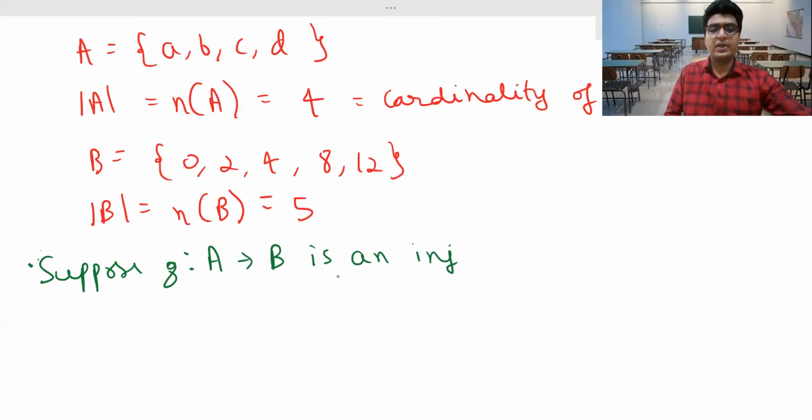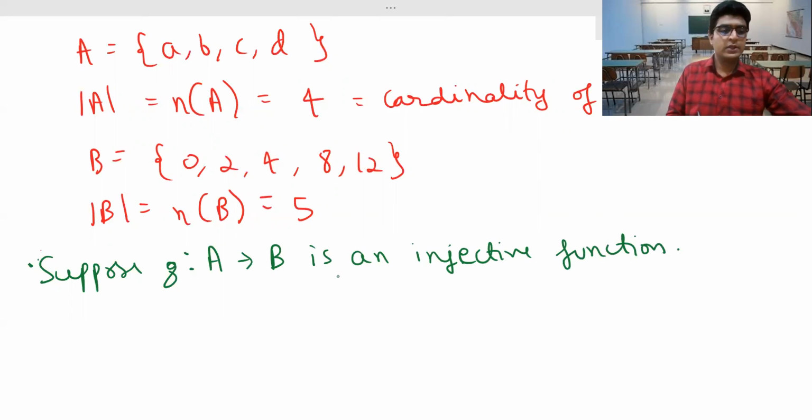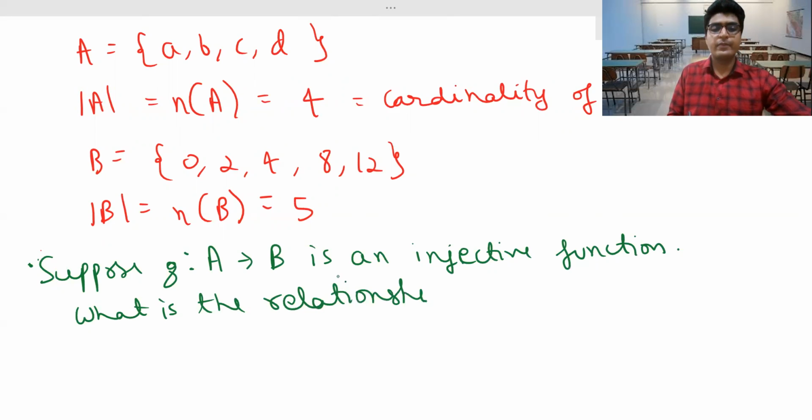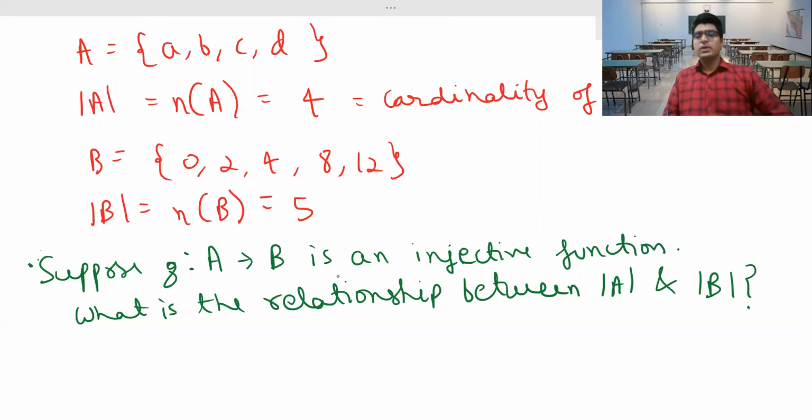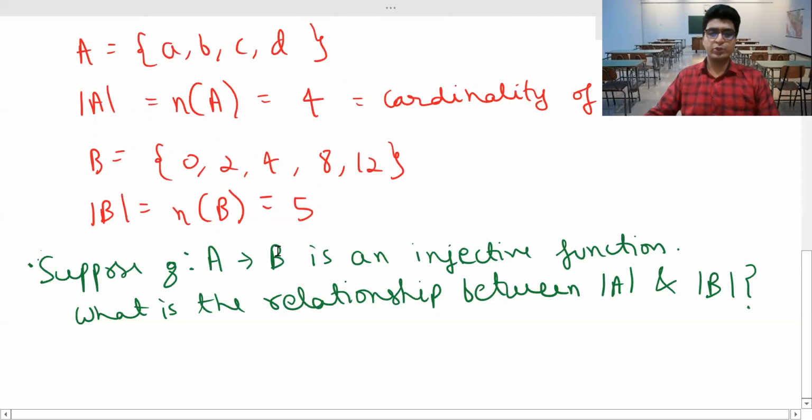We know that. Now, what is the relationship between the cardinality of the domain set and the cardinality of the codomain set? That's the question.